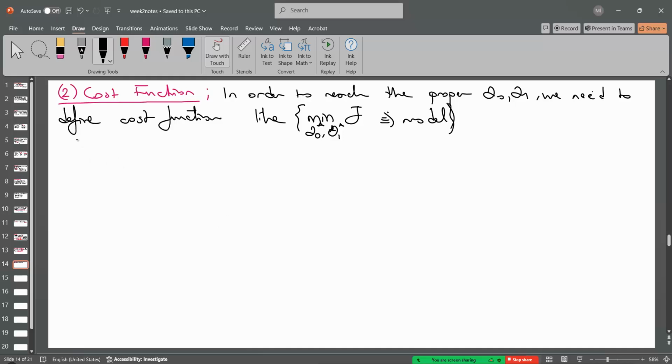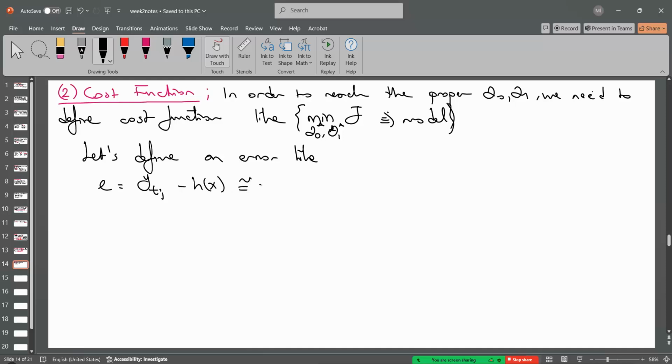Okay, and so let's define an error, for example E is equal to y training data minus h(x).